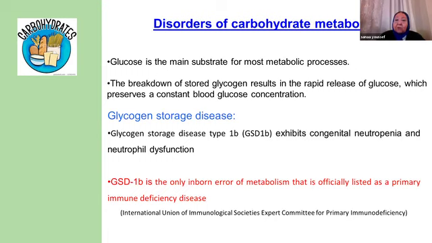Glycogen storage type 1b is the only inborn error of metabolism that is officially listed as a primary immune deficiency disease according to the International Union of Immunological Societies Expert Committee on Primary Immune Deficiency Diseases.